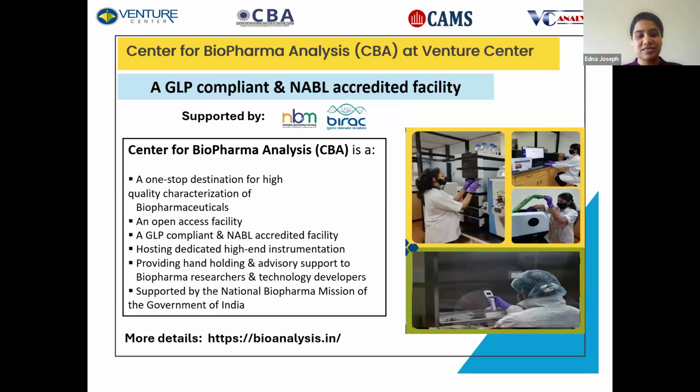The latest addition to our analytical facilities is the Center for Biopharma Analysis, which is a GLP compliant and NABL accredited facility. This is supported by the National Biopharma Mission and BIRAC, both Government of India entities. CBA, as we call it, is a one-stop destination for the characterization of biopharmaceuticals.